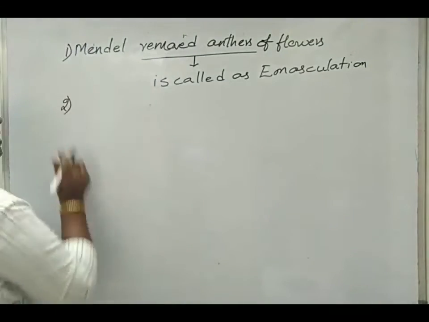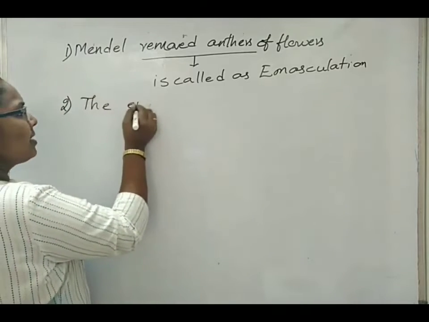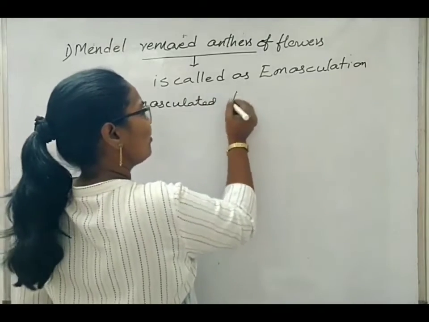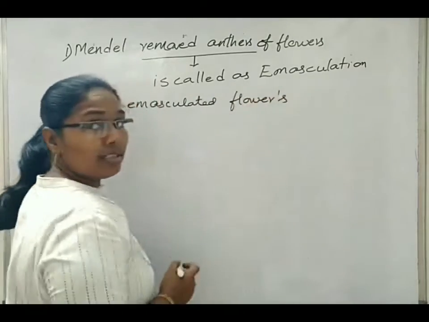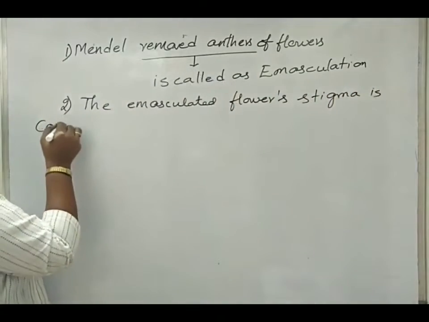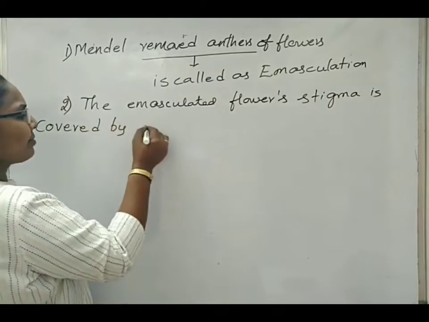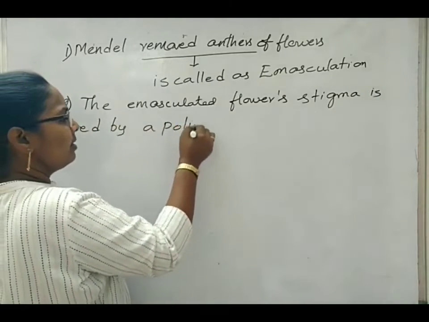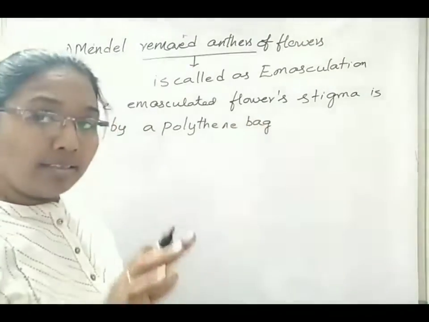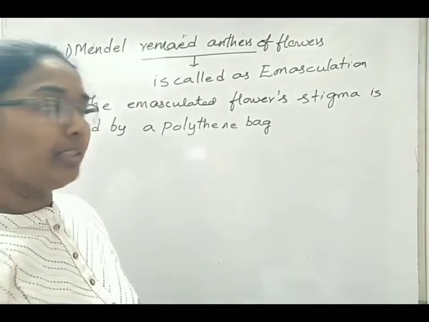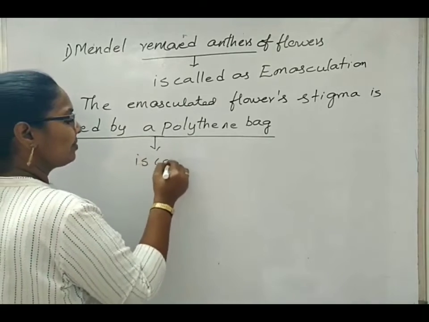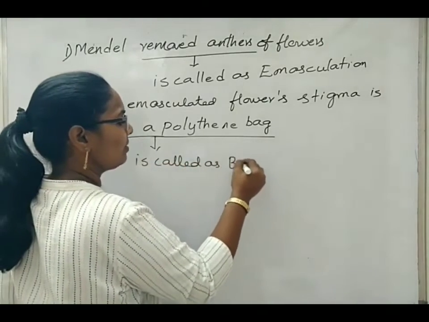Now, in the second step, the stigma of the emasculated flower is covered by a polythene bag. Covering the stigma of the emasculated flower with a polythene bag is called bagging.